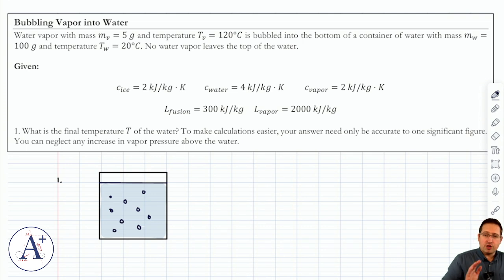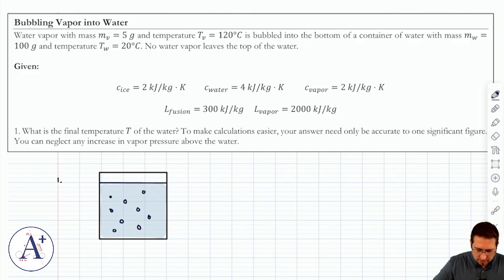But no vapor is going to leave the surface here. In other words, yes, it's vapor and the bubbles will likely tend to rise, but as they rise, they cool because they're in a lot of water. And they cool so much that they condense back to liquid, thus meaning that no water vapor leaves the top of the water.